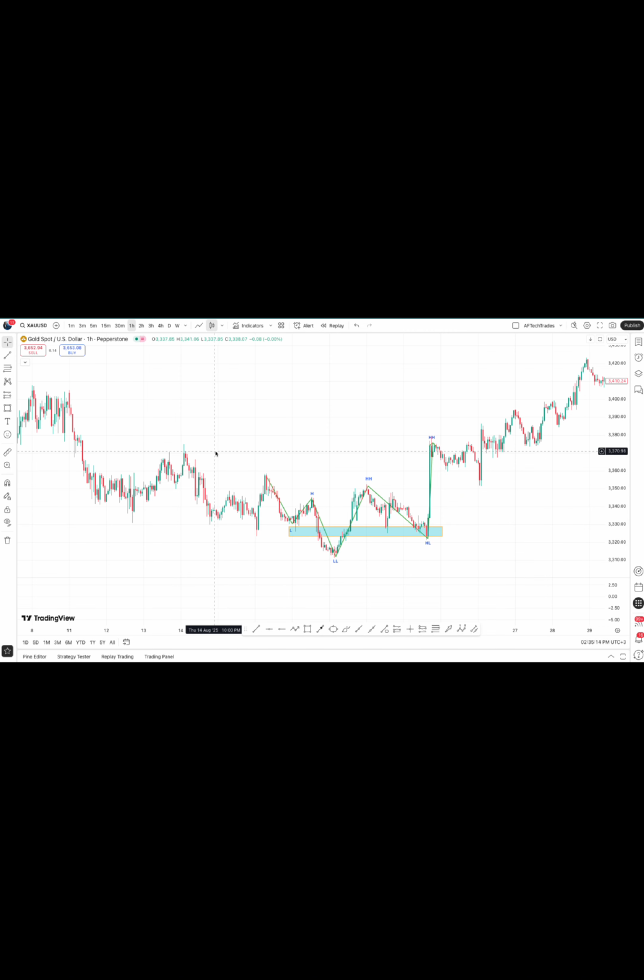Looking at the chart, you will notice that here the market was bearish, right? If you check very well, you see that the market was bearish all along this zone. You can see it was bearish because it is forming lower highs and lower lows.